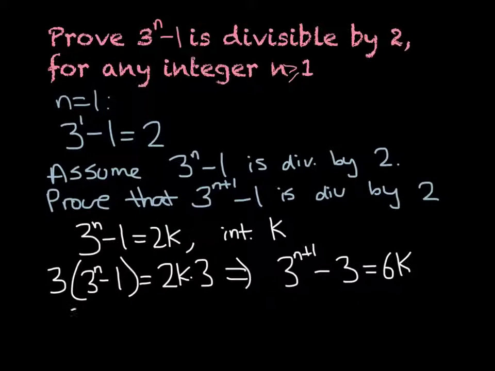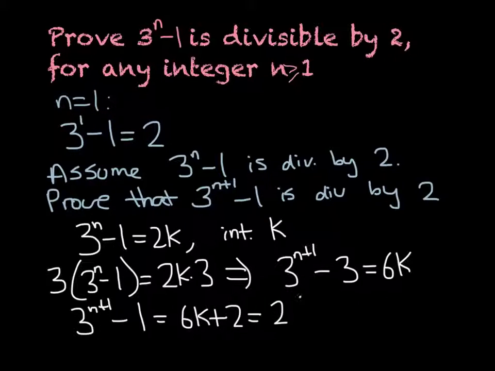Now we can do a bit of rearranging. 3 to the n plus 1 minus 1 equals 6k plus 2. Now we can factor out a 2, and we have 3k plus 1. Now, we know that 3k plus 1 is an integer, so that means that 3 to the power of n plus 1 minus 1 is an integer multiple of 2. So we are finished with our proof.